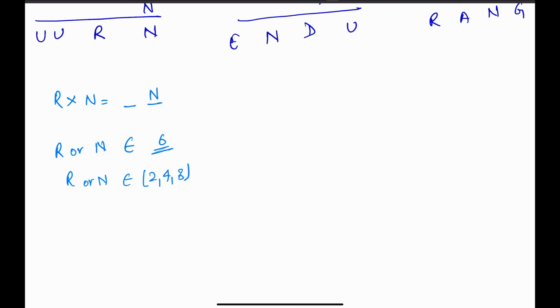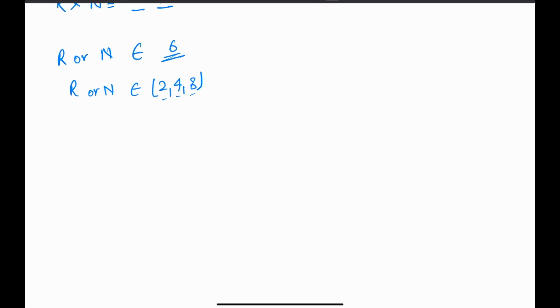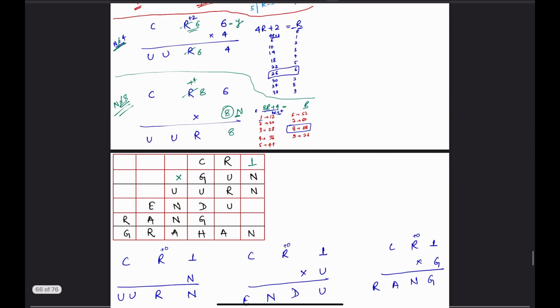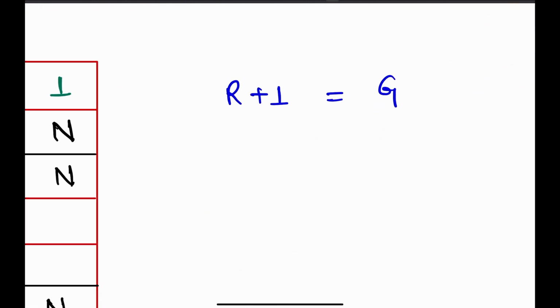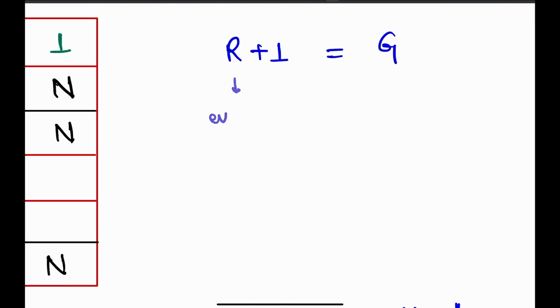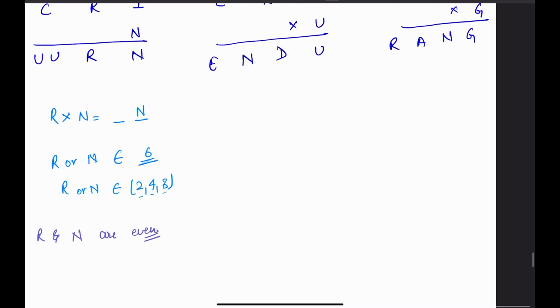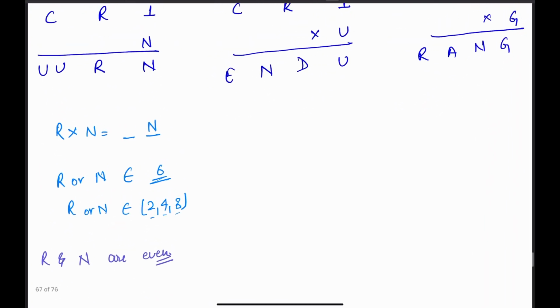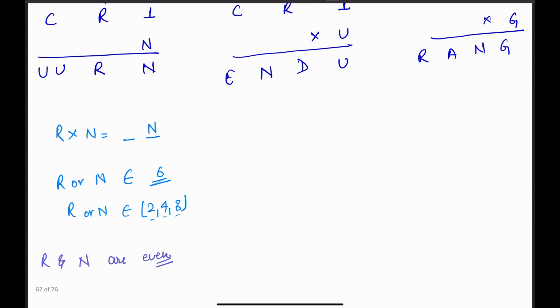So R and N are in the form 2, 4, 8 or 6. So one thing I can say about R and N both is that both R and N are even. So if my R and N are even, if my R is even, this is even, I can say my G will be odd for sure. Okay, now I'm getting more and more information. So from here I got this value that my R and N are even.